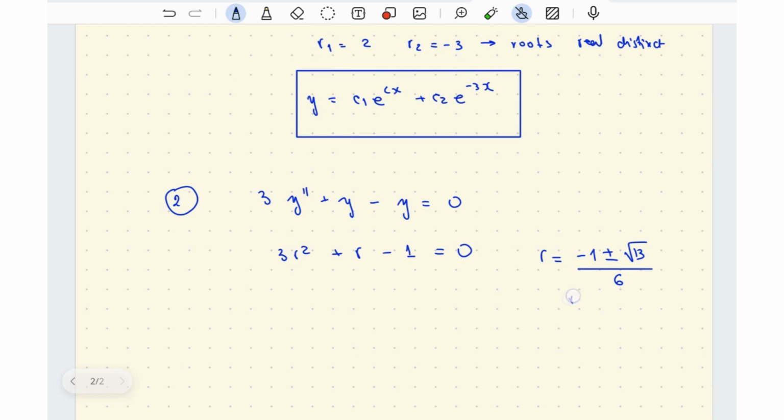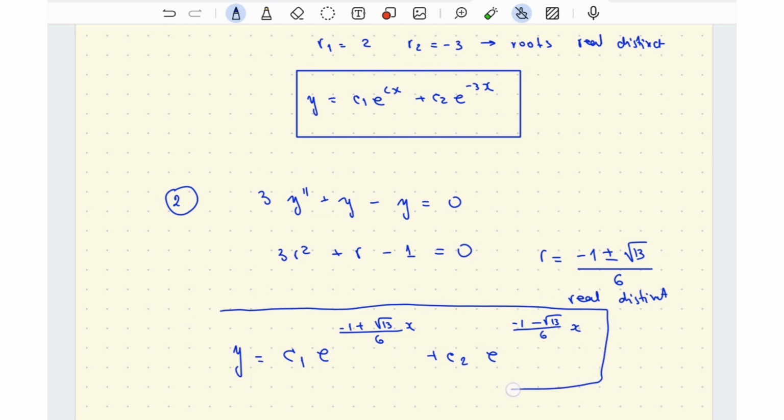So again we have real and distinct roots, therefore y equals c1 e to the power of (minus 1 plus square root 13) over 6 x, plus c2 e to the power of (minus 1 minus square root 13) over 6 x, and that is the general solution of this equation.